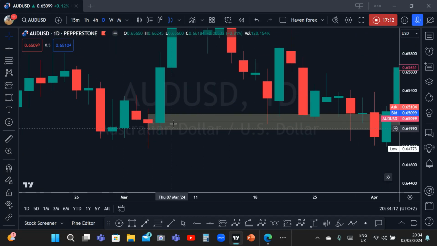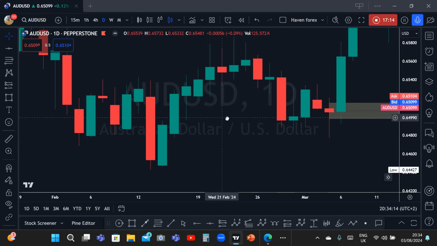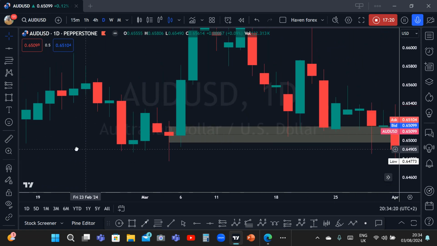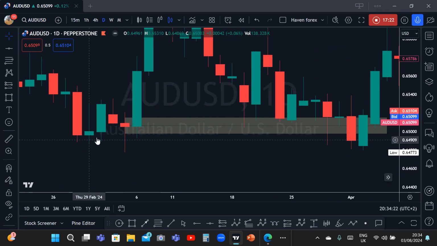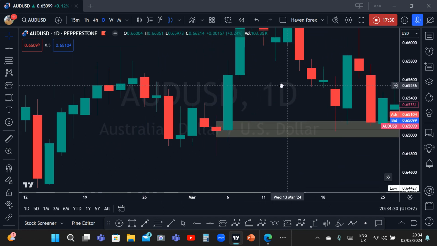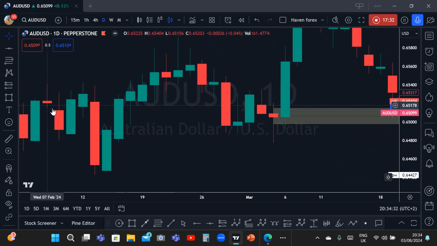It must respect this, as far as this level has been tested more than once. All right, to confirm a level, I'm still going to do a video on that. For a level to be a support level or a resistance level, price must have tested that level.